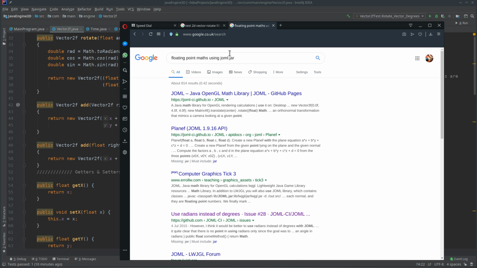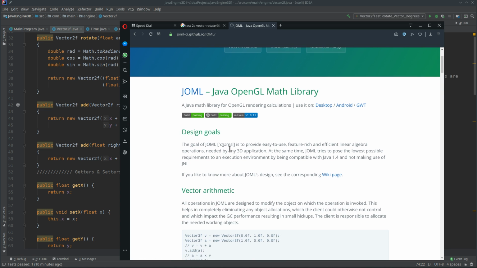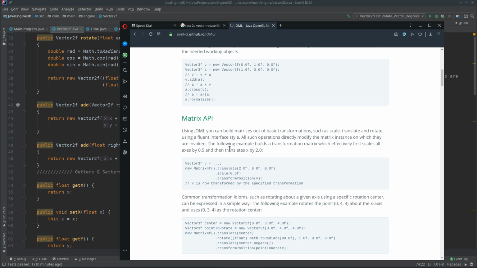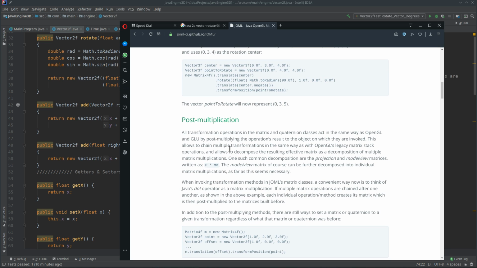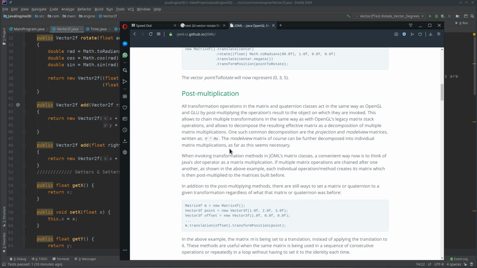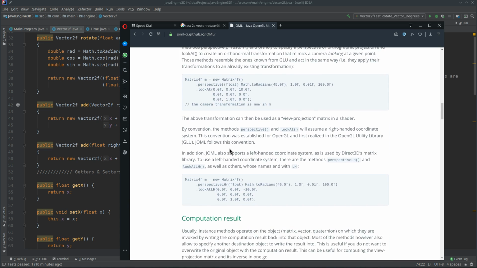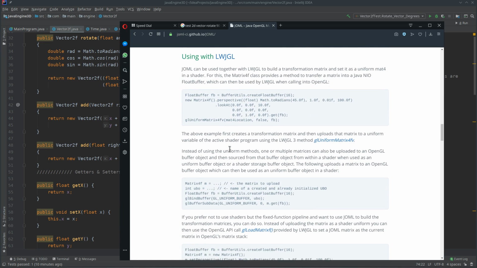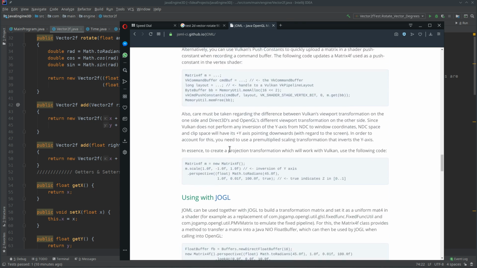Put jar in first. Jar, that's library. Vector arithmetic, blah de blah. It's got a matrix API, good. It's got a vector API. Post multiplication. Come on, where's your floating point? Why aren't you telling us? Nope, no mention of it.